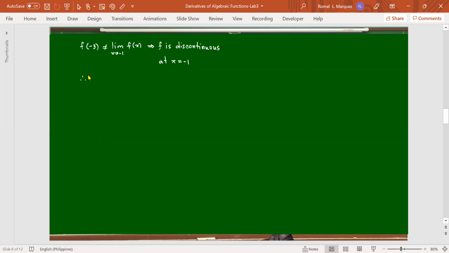So if f is discontinuous at a number, automatically its derivative will no longer exist. Therefore, we conclude that f prime at negative 1 does not exist. If a function is not continuous at a given value of x, then its derivative does not exist at that number. Am I clear with that?